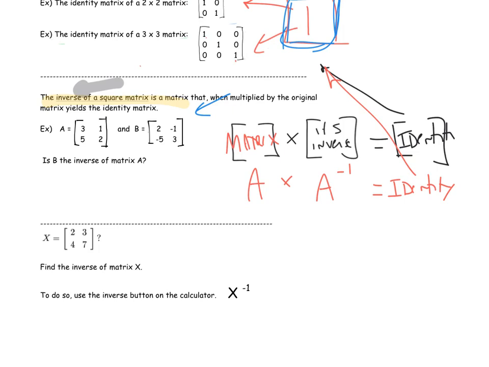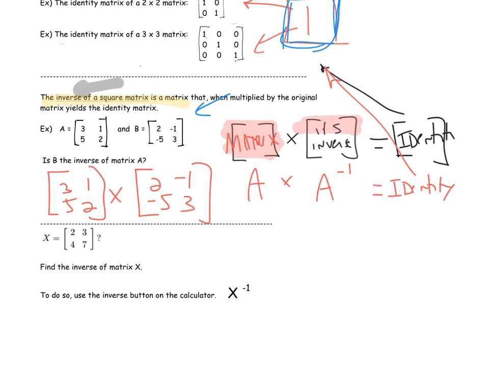So what we're going to do is take matrix A and multiply it by matrix B, and we're going to do this directly on our calculator. And how are we going to know if matrix B is the inverse of matrix A? Well, if you take a matrix and you multiply it by its inverse, you should be left with the identity. So we're going to do this product on our calculator.